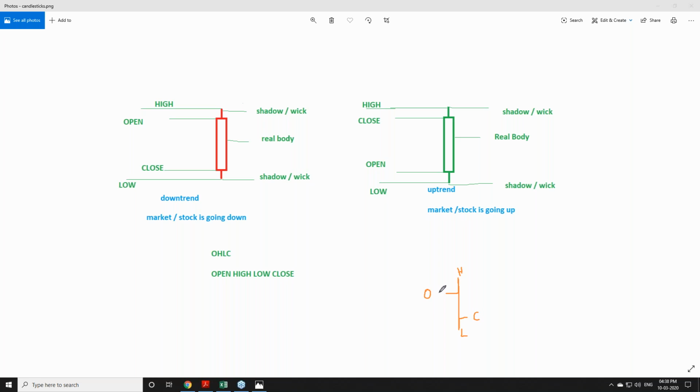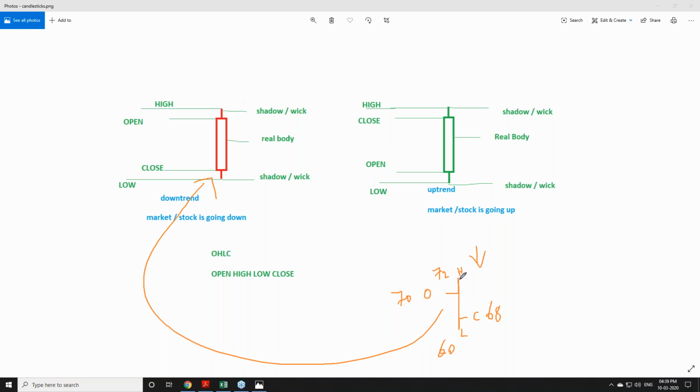So the opening was 70 rupees, high was 72 rupees, low was 60 rupees, and it closed at 68 rupees. That means it closed lower than the price at which it opened, which is called a red candle.